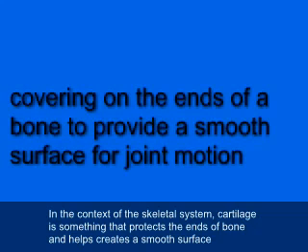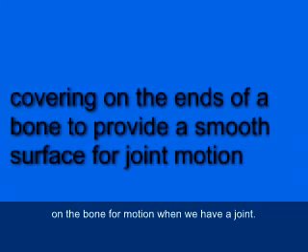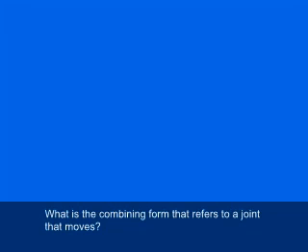Well, in the context of the skeletal system, cartilage is something that protects the ends of bones and helps create a smooth surface on the bone for motion when we have a joint. And, I made a mistake there. We do have one more combining form here. What is the combining form that refers to a joint that moves?